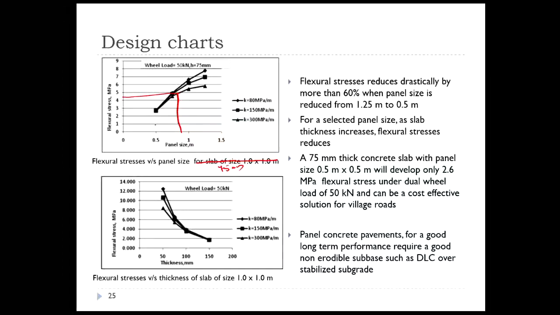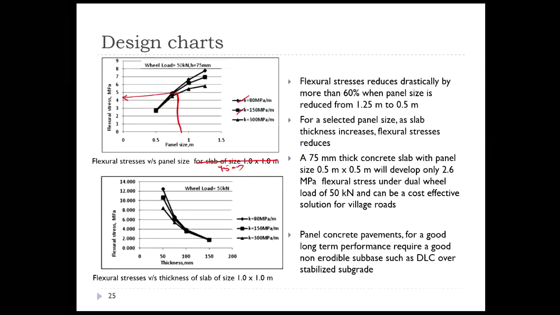Here, these three lines correspond to three foundation conditions, represented by K value. So you can come and identify the flexural stresses. The only thing is that the flexural stresses you are getting for a particular panel size should be less than your flexural strength.